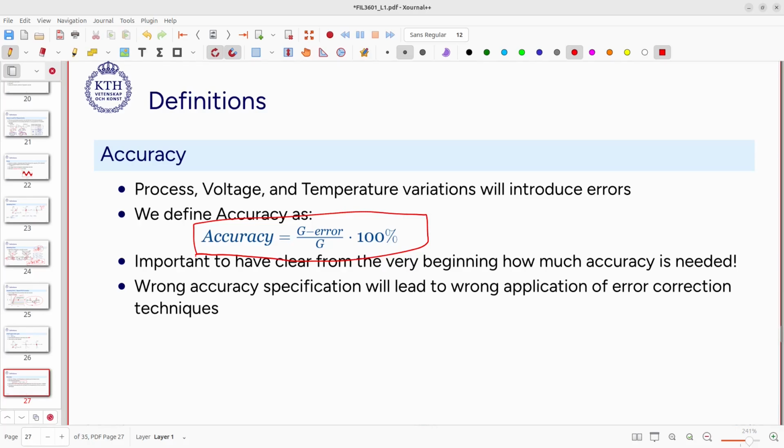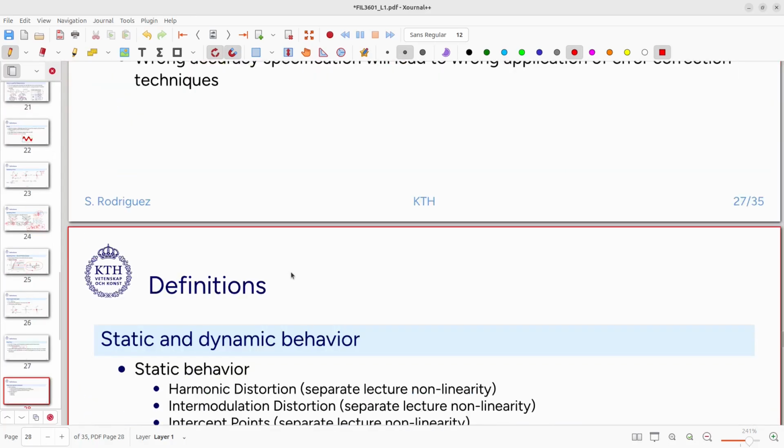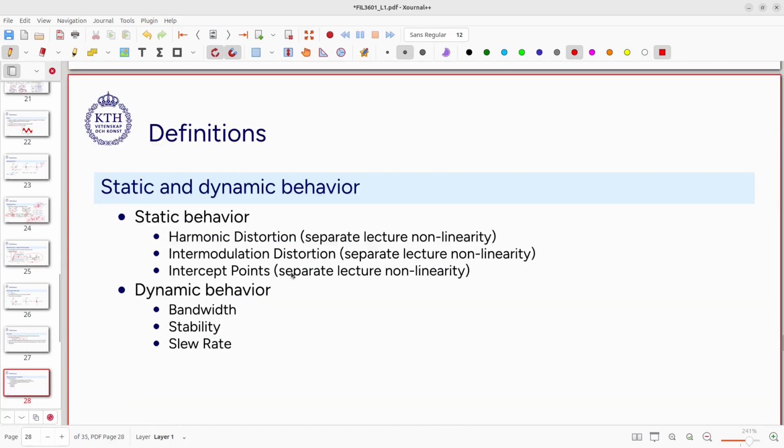So we need to know exactly how much accuracy we need. Wrong accuracy specifications will lead to wrong amplifier implementation. So it is good to know at the beginning how accurate an amplifier we need.